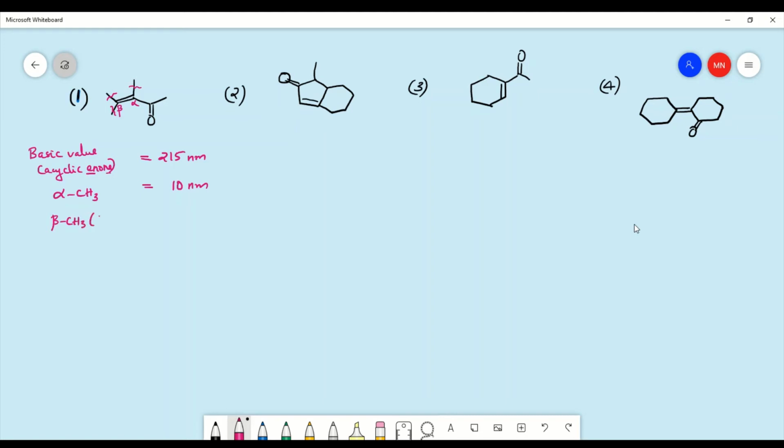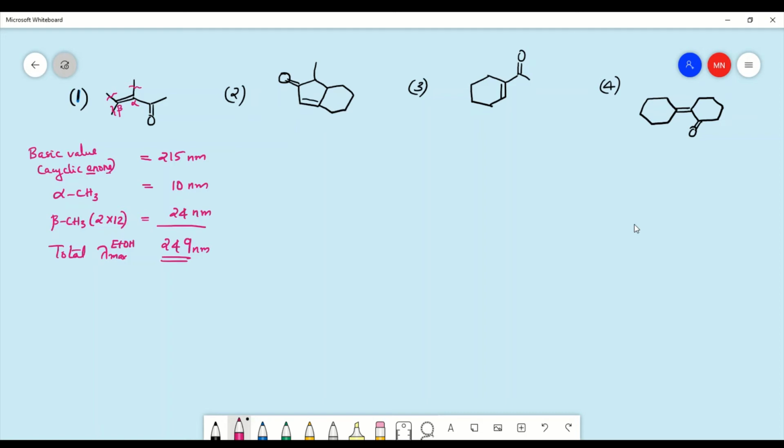There are two, and the contribution for each is 12 since it is in the beta position, so it will be 24 nanometer. The total lambda max, in ethanol (you have to specify the solvent here), is 249 nanometer for this acyclic enone.